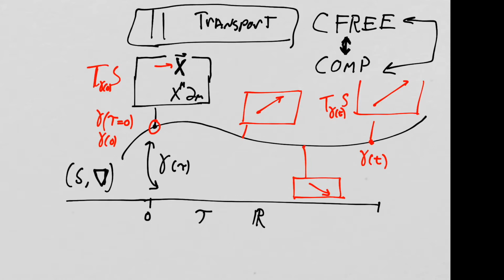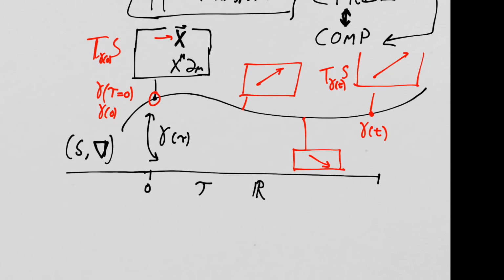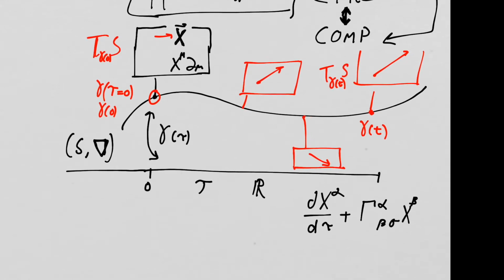So we know that the vector at all of these different spots is going to satisfy, if we solved this expression, dx^α/dτ plus these connection coefficients Γ^α_βσ, x^β, times dγ^σ/dτ equals 0.